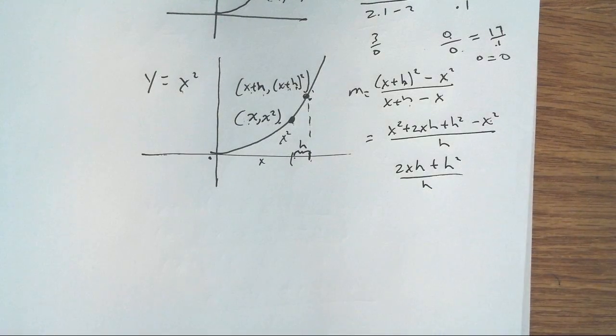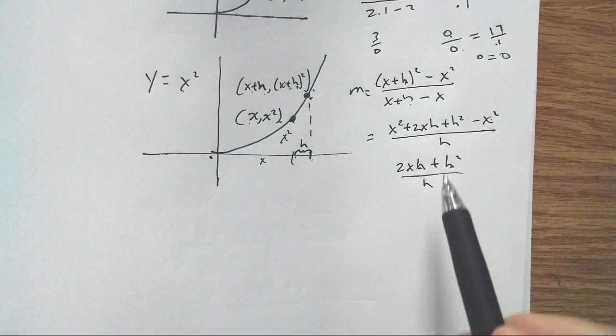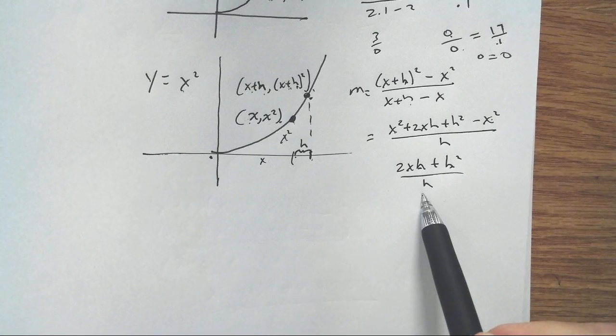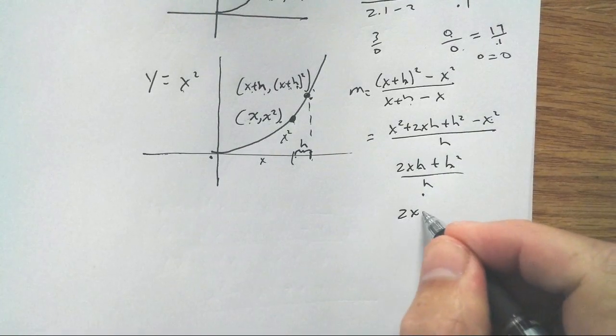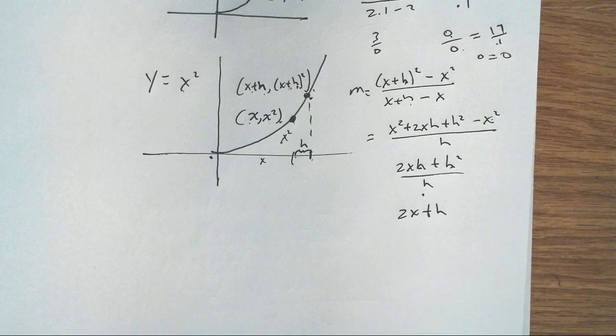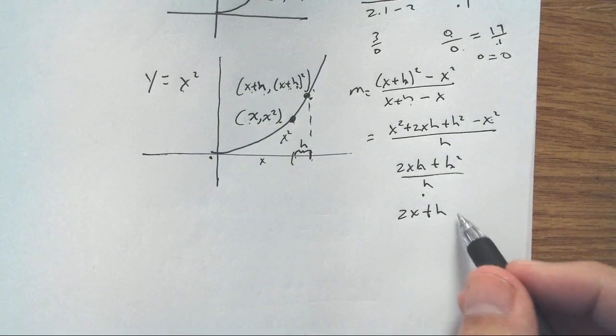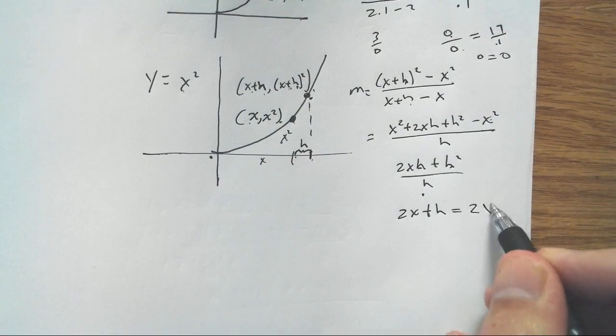I wish h could be 0. H can't be 0. I'd get 0 plus 0 on 0. 0 on 0, it's a troublemaker, but I can cancel h. And I get 2x plus h. And now if h is 0, I get 2x.